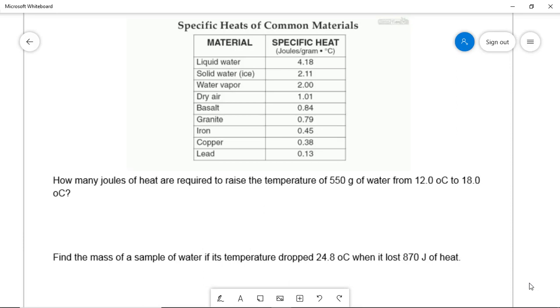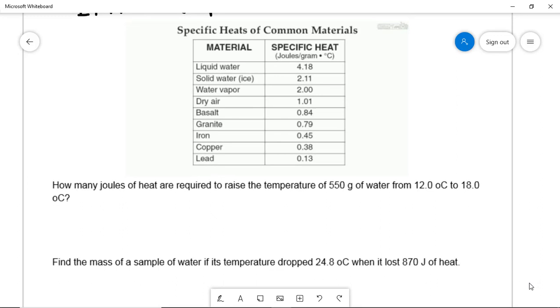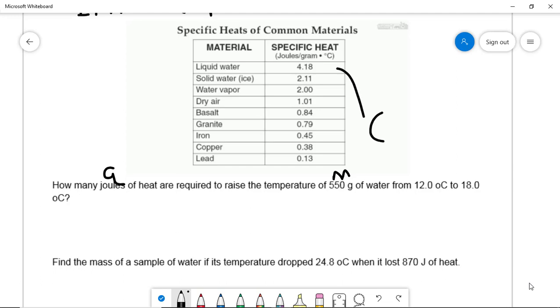Let's analyze one of these problems. How many joules of heat are required to raise the temperature of 550 grams of water from 12 to 18 degrees Celsius? We plug those numbers in. We want to know Q. We're given M, C is given in our chart, which is nice, and we're given our initial and final temperature.